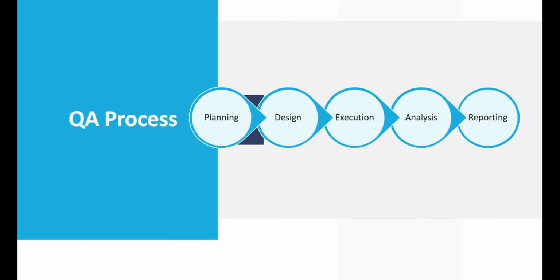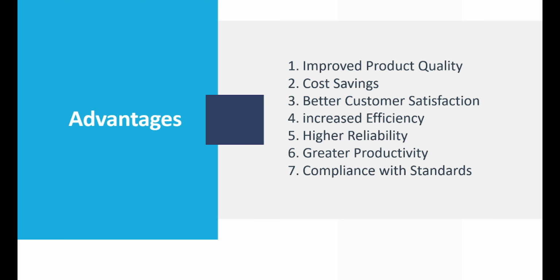Let me see the advantages of using the QA process. It improves the product quality because the QA is the person who ensures the product. They analyze the errors at the starting point, mid point and ending point, so the product will not contain any errors. So the end user will get a quality product. It also allows cost saving, because during a bug fix release there is so much cost.